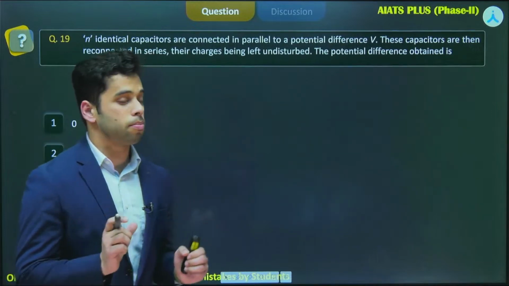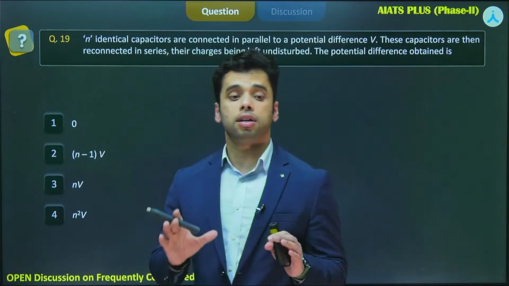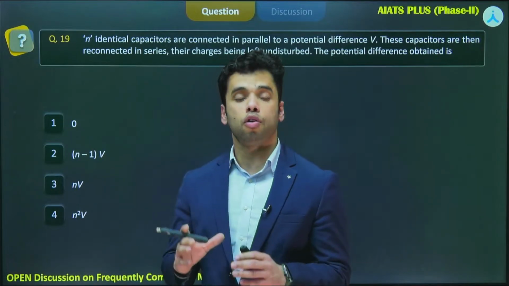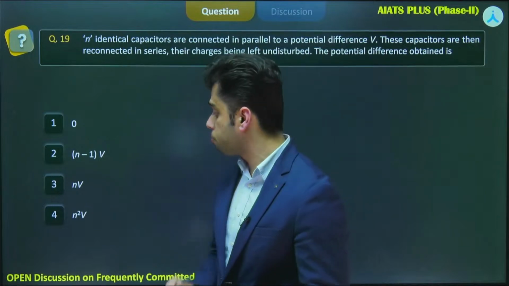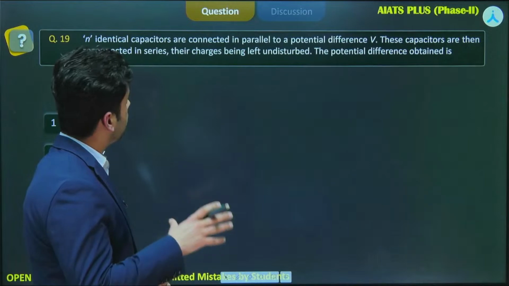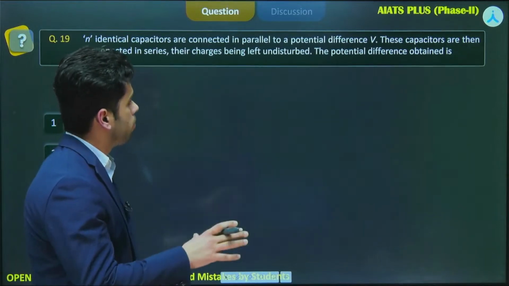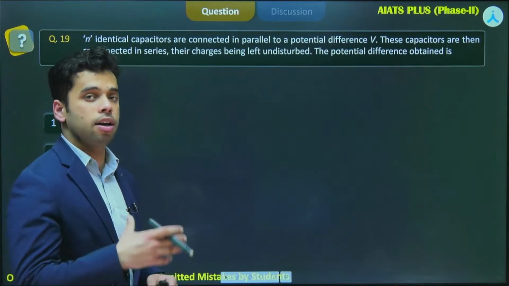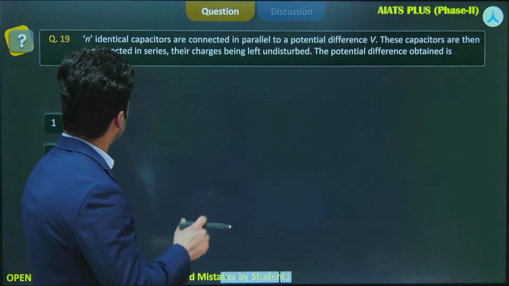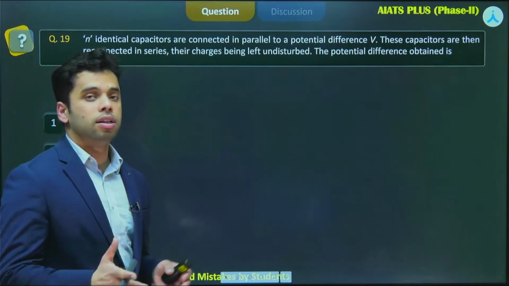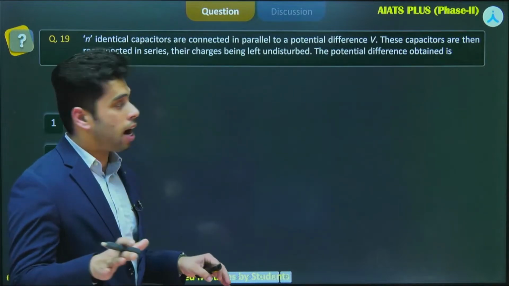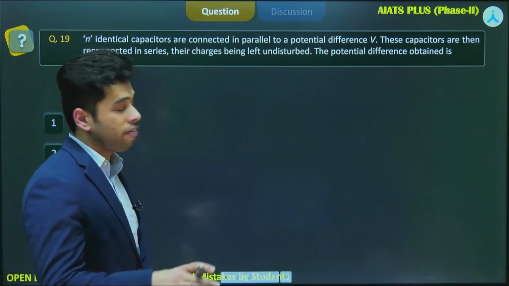And there is your first problem right in front of you. The problem is problem 19 in the original paper, and it is based upon the chapter of electrostatic potential and capacitance, right? So the problem says that n identical capacitors are connected in parallel to a potential difference V. These capacitors are reconnected in series, and the condition is that the charges are being left undisturbed.